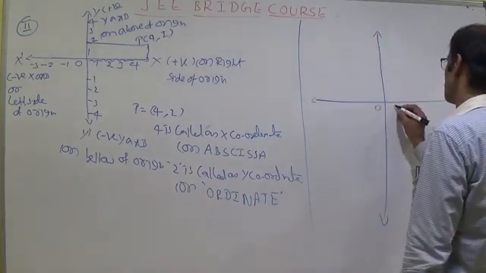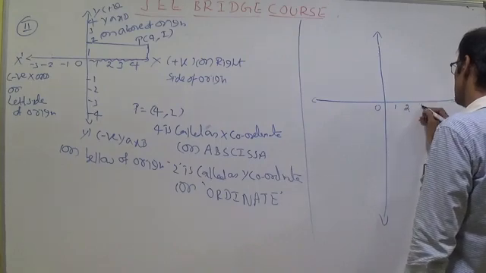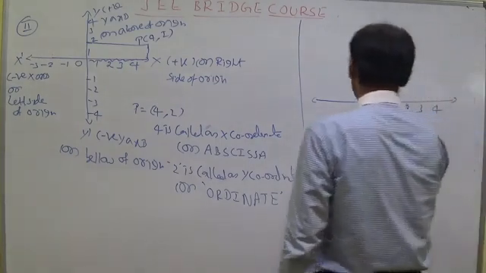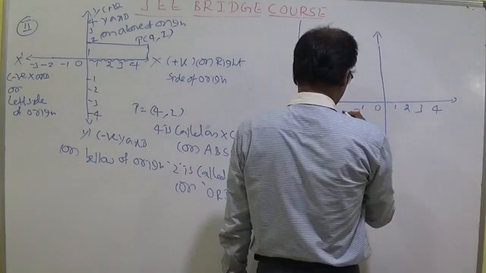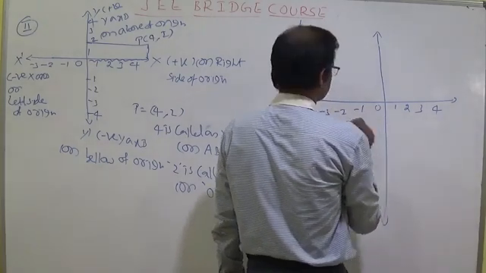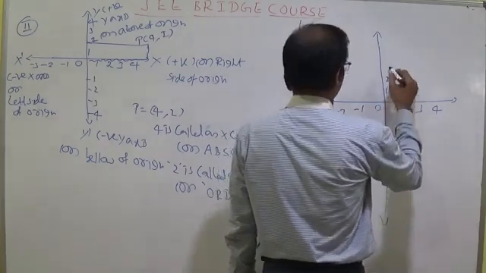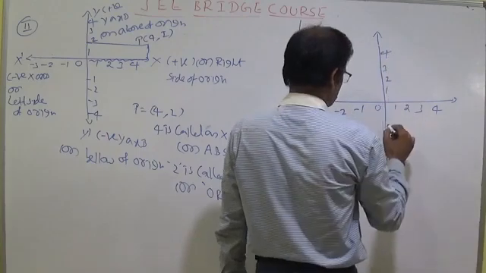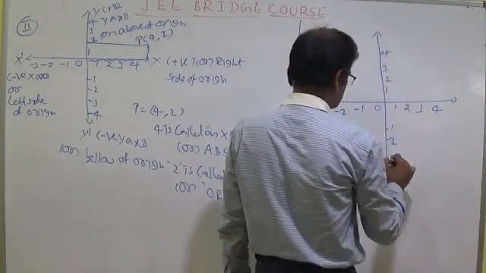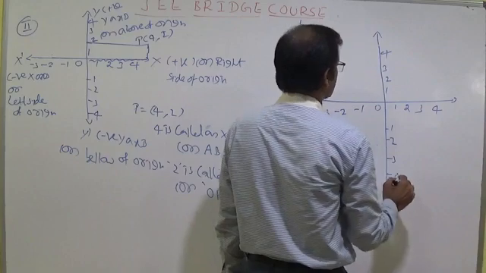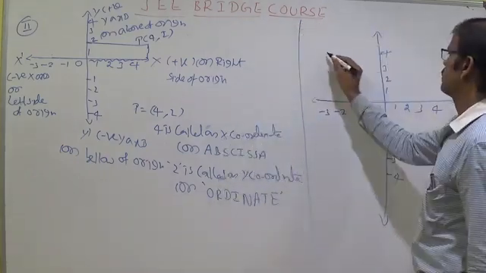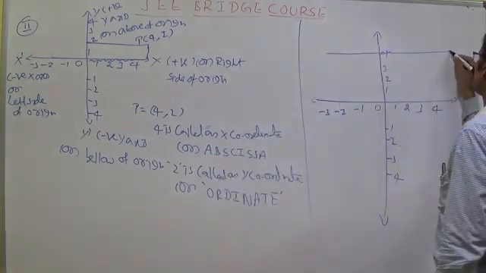Put here 0, 1, 2, 3, 4. -1, -2, -3. Here 1, 2, 3, 4. -1, -2, -3, -4. Mention like this. Draw a line passing through 4.